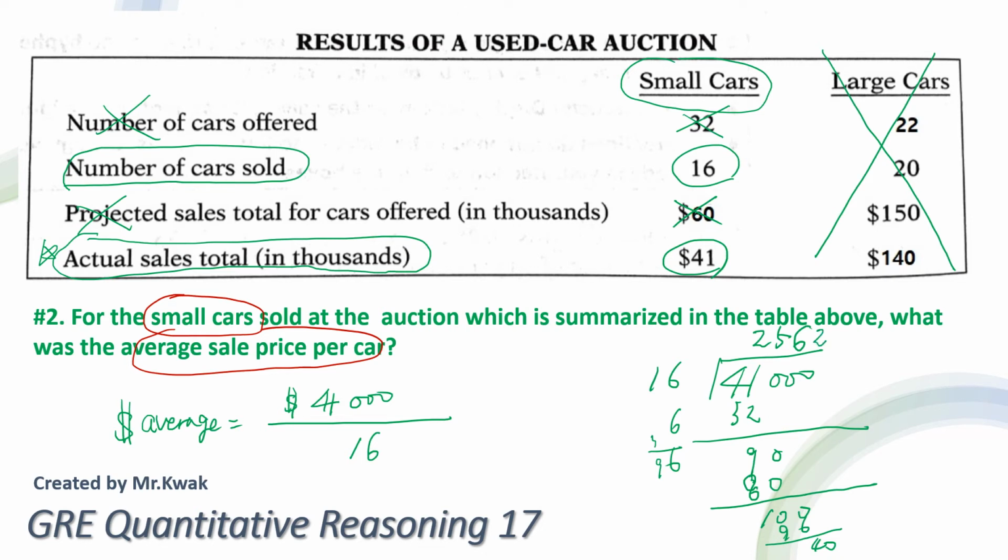So I will just skip this part. So around the average price, the average sale price per car regarding small cars, could be $2,562.